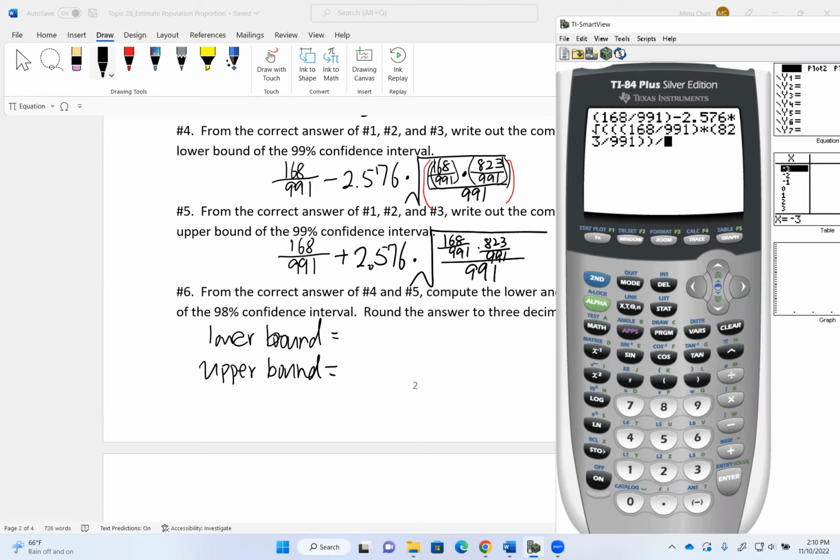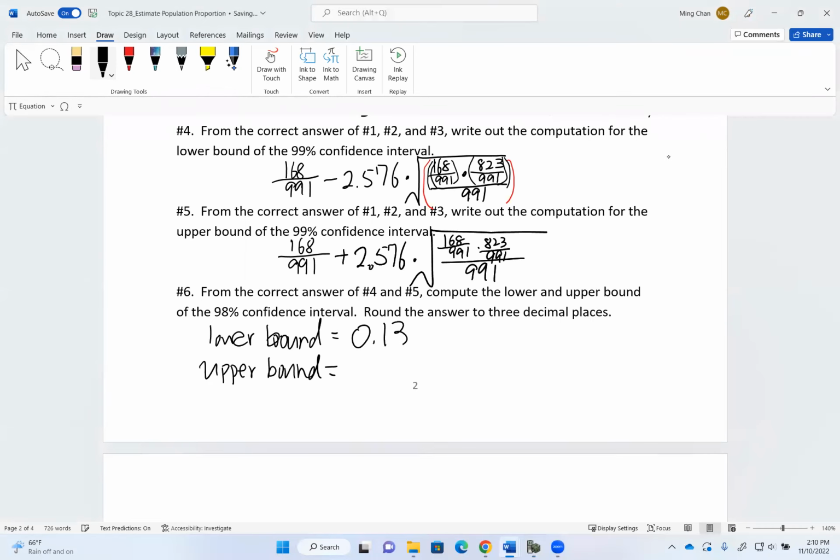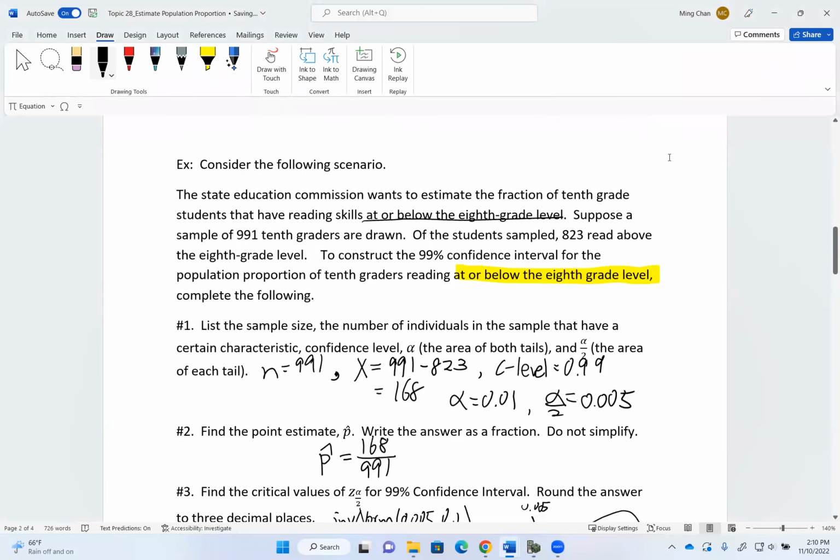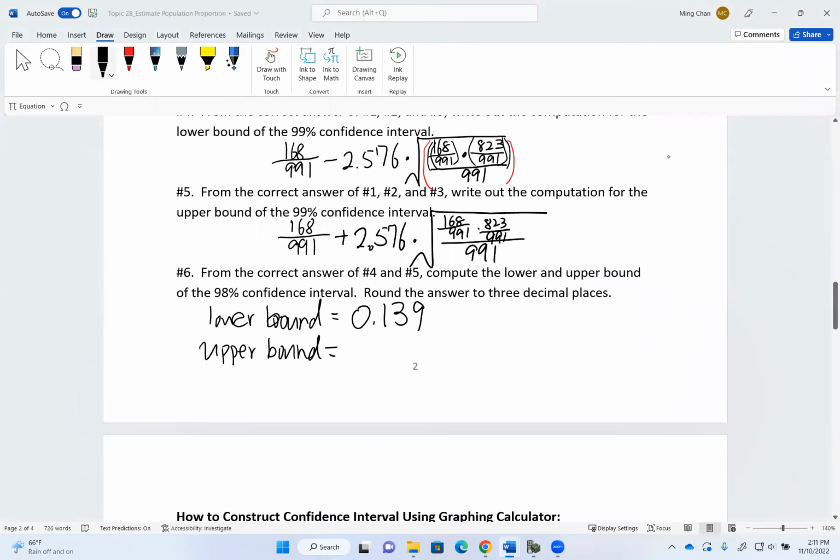Now we divide by 991, the sample size, and close the parenthesis that started with the square root. Rounding to 3 decimal places, that is 0.139, which is about 13.9%. So for the 99% confidence interval for the population proportion of 10th graders reading at or below 8th grade level, it starts at 13.9.